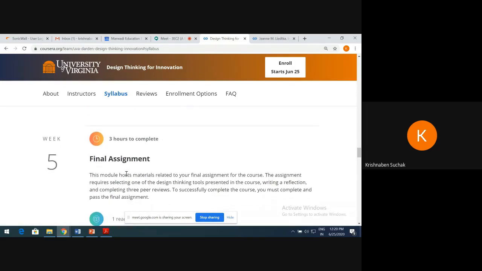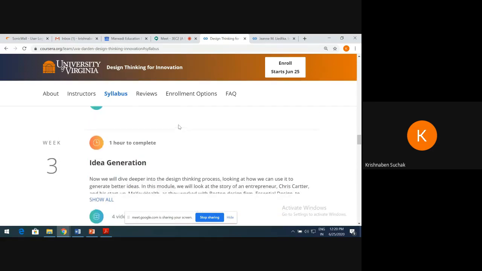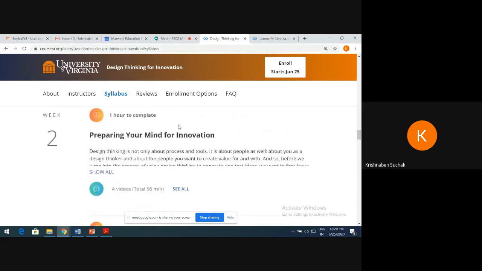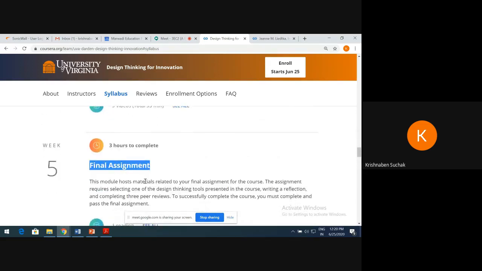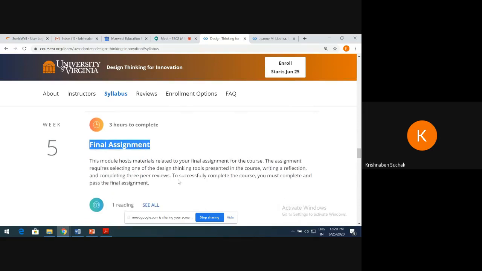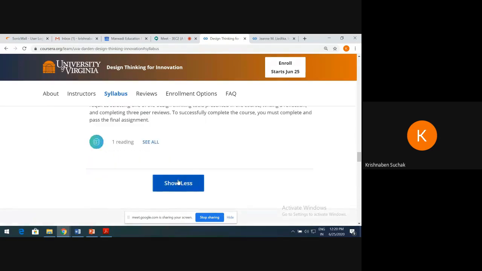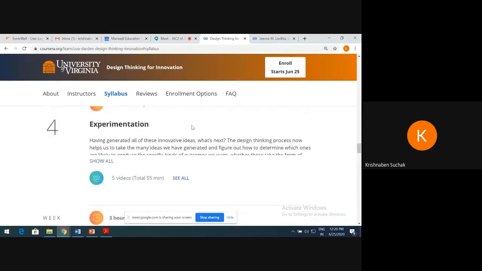So in week 5, it is the assignment. Whatever you have learned throughout these 4 weeks, based on that they will give you an assignment. You have to complete that assignment and then you can successfully complete your course. Okay, so this is a 5 week program.